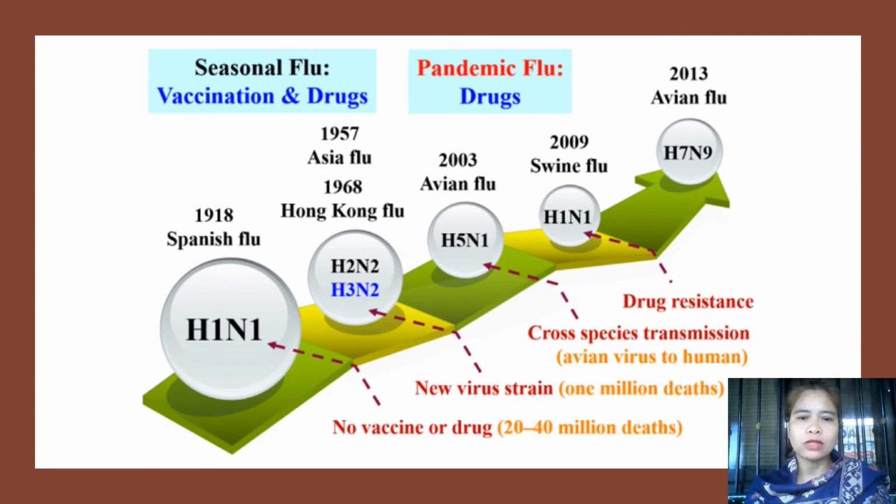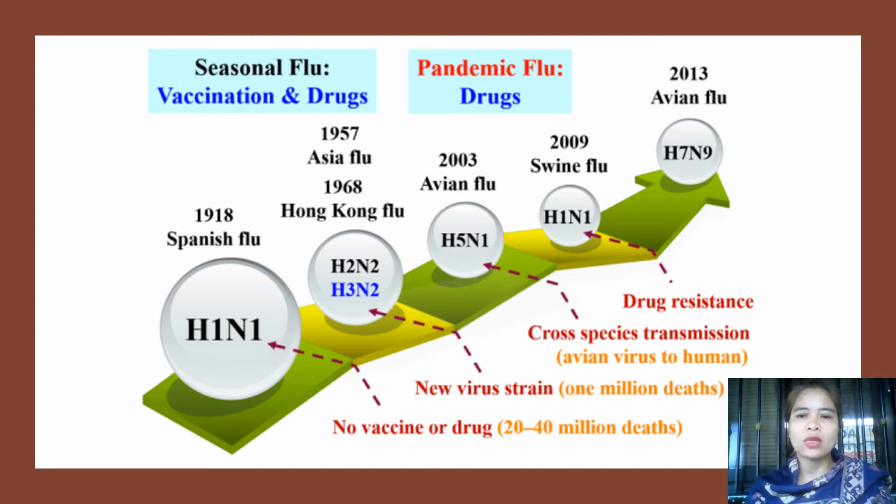In 2003, the avian flu H5N1 showed cross-species transmission from birds to humans. In 2009, swine flu or H1N1 produced drug resistance.